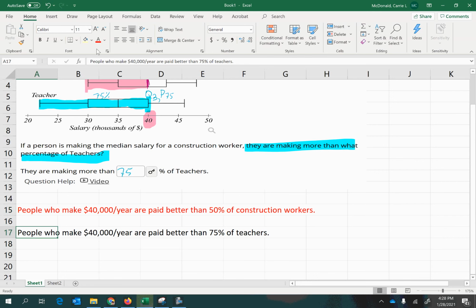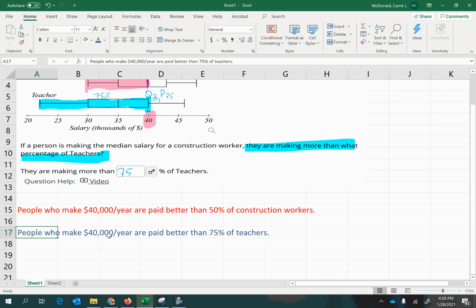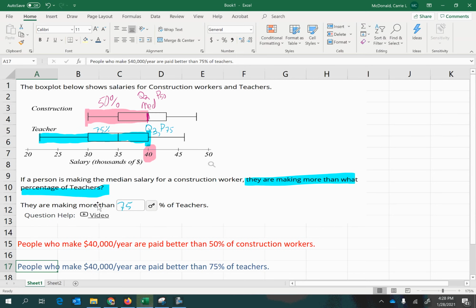And another way of talking about these values is to compare them to teachers' salaries and say that people who make $40,000 a year are paid better than 75% of teachers. All right, so that was my only question.